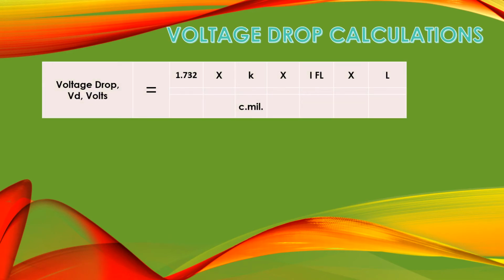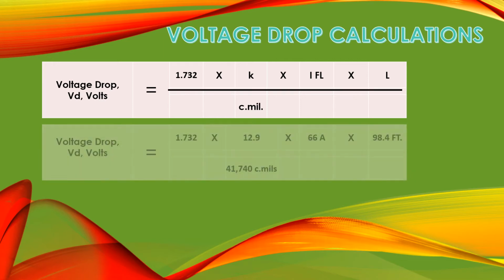Now, using the three-phase formula, because that motor we calculated was a three-phase motor, so we will use the three-phase formula.